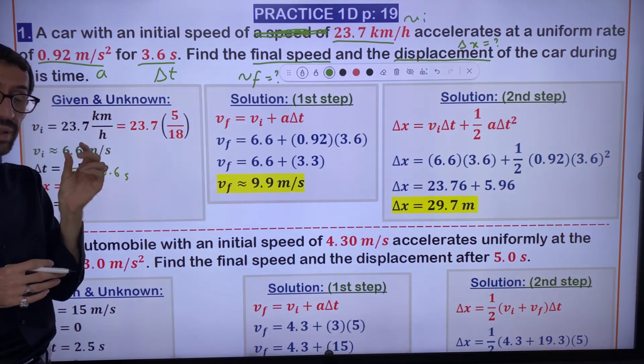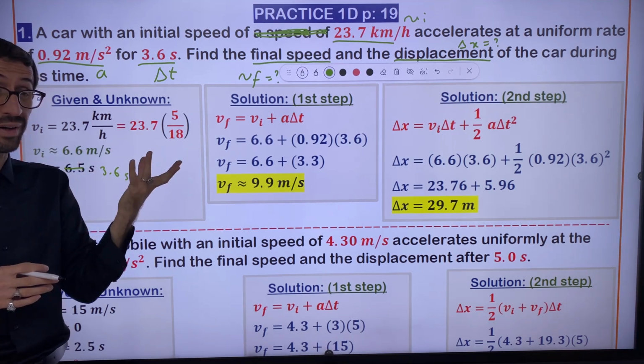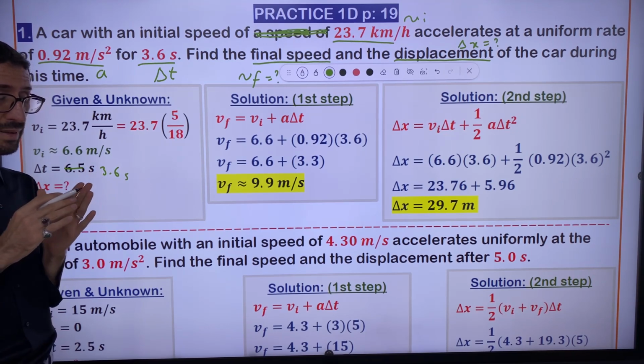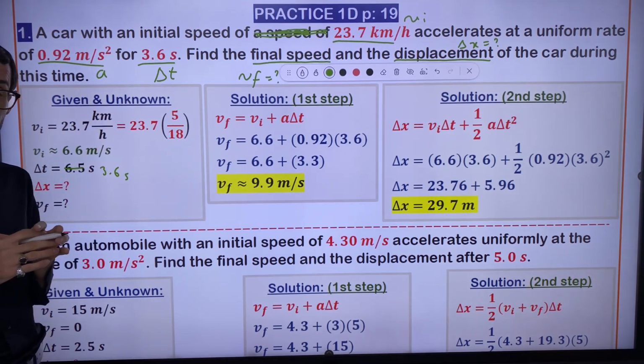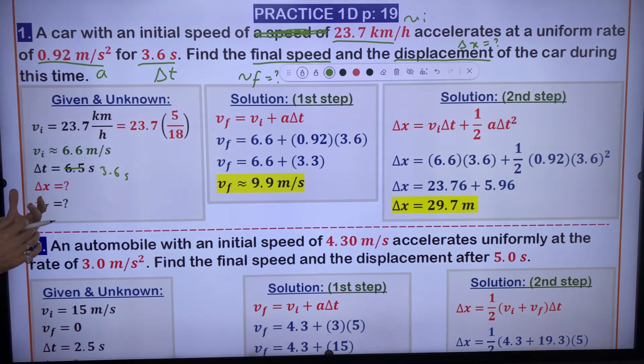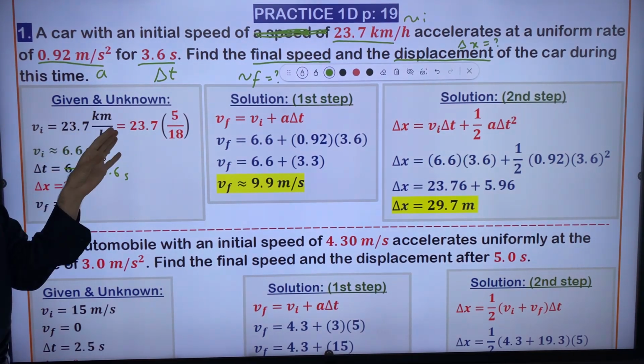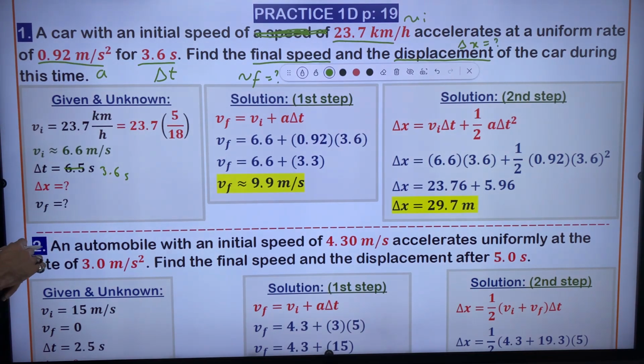The result will have some decimal points, and it's not nice in our calculation. So the best way is to convert kilometers per hour into meters per second.